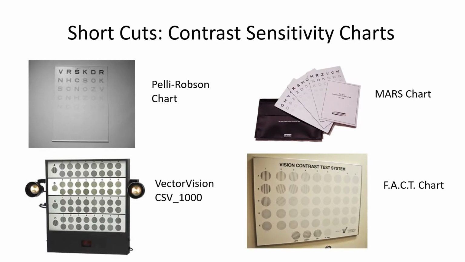For this reason, a number of shortcuts have been developed to estimate contrast sensitivity in the clinic, including the Pelli-Robson and MARS letter charts that measure contrast sensitivity at a single letter size or single spatial frequency, and Vistech and FACT grating charts that measure contrast sensitivity at a number of spatial frequencies.